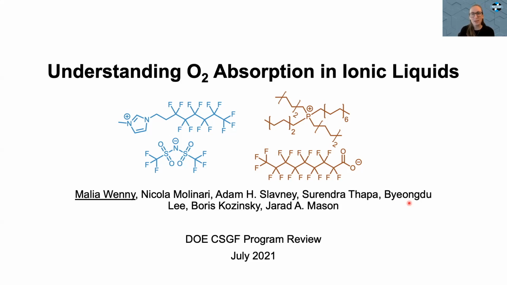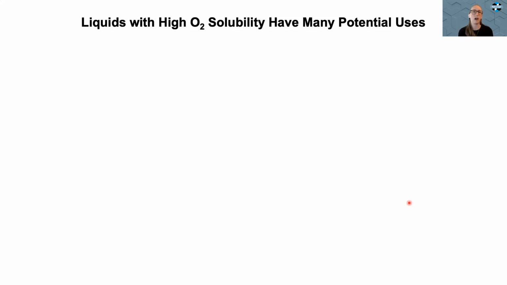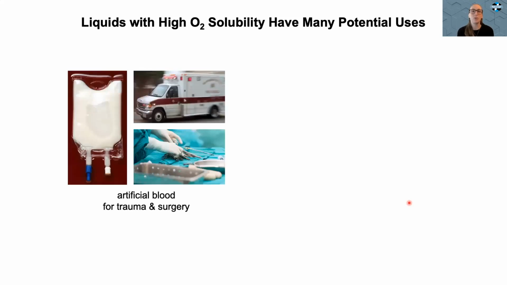So broadly, my graduate work has been focused on studying liquids with high gas solubilities, and in particular, I'm interested in studying liquids with high oxygen solubility because there are many applications that require them. As a few examples, we need higher solubilities for artificial blood, where if we could replace normal donated blood with a new liquid that has higher solubility, that would be very powerful in applications of trauma and surgery.